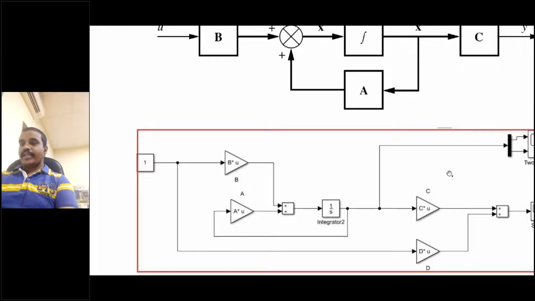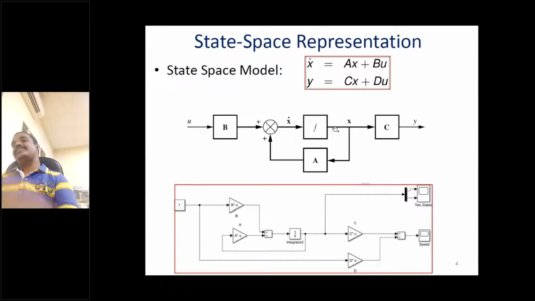So this is the way one can represent the state space in the block diagram approach. This is very important for analyzing the state space model. I call this an open loop state space model because the control you are giving here is just some arbitrary input.